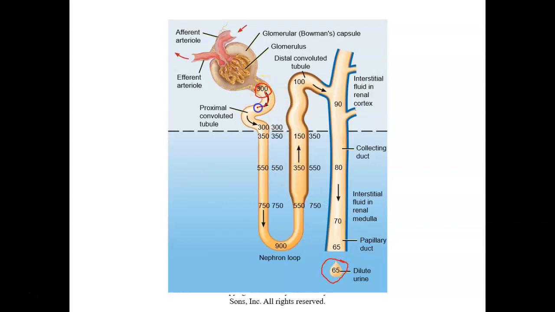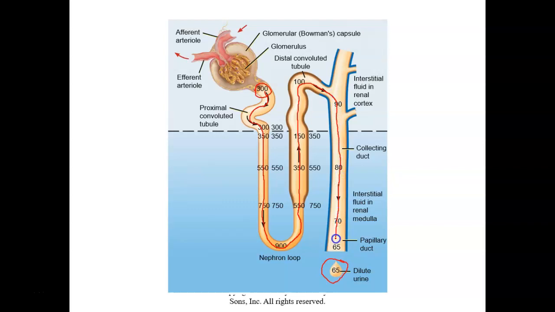As we travel through the tubule, at certain points along the tubule, water is reabsorbed, sodium is reabsorbed, potassium, glucose, amino acids are reabsorbed. And there are certain parts along the tubule where water isn't able to move.